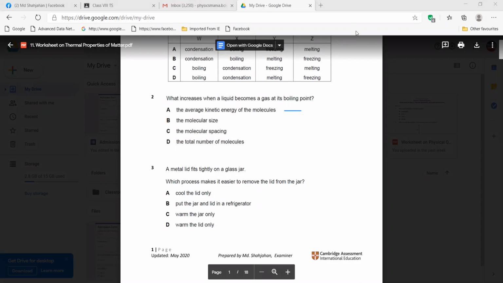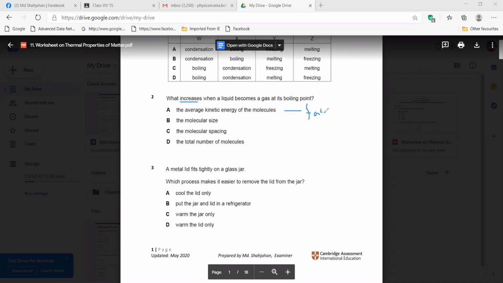So what is the formula of kinetic energy? Can you remember? Half mv square. Very good. In half mv square we have speed, right? When we say kinetic energy of the molecules increases, that means the molecules become faster, right? The one we got in question number 5, that molecules move faster, right?